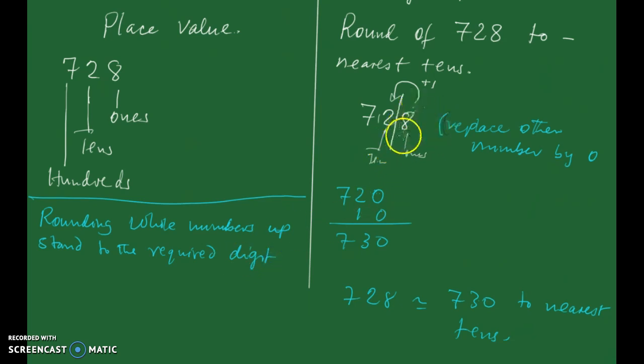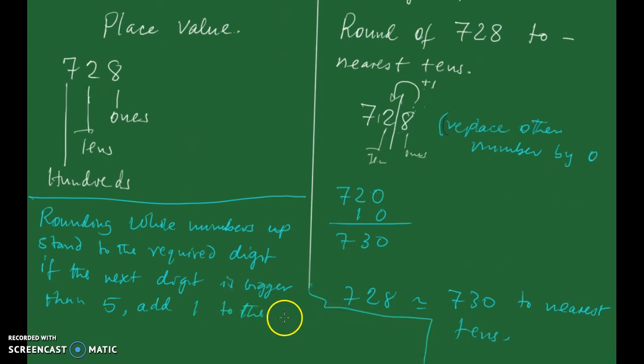Here we are rounding to the nearest 10, so we stood at 2, and then if the next digit is bigger than 5, add 1 to the required digit, and replace the other digits by 0.